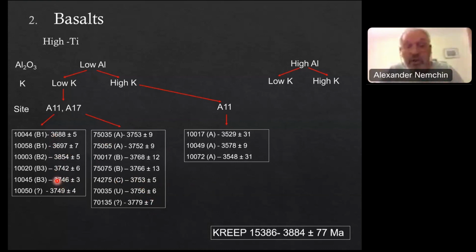But overall, if you start from 10003, which is 3854, and then go to type A Apollo 11 basalts, they are 3580, 3550 or something like that. So here in Apollo 11, we've got much more extended period of basalt formation for whatever reason.